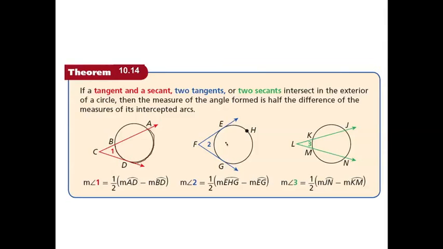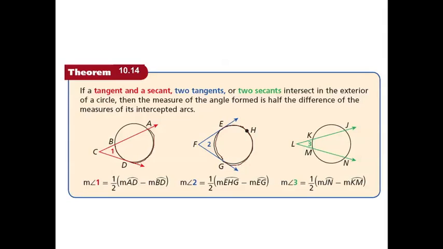Same idea for the one here with the two tangents. It's just that the two arcs are going to be the whole circle when it's all said and done. I'm going to have a major arc, EHG, so going all the way around here, and I'm going to subtract from it minor arc, EG.